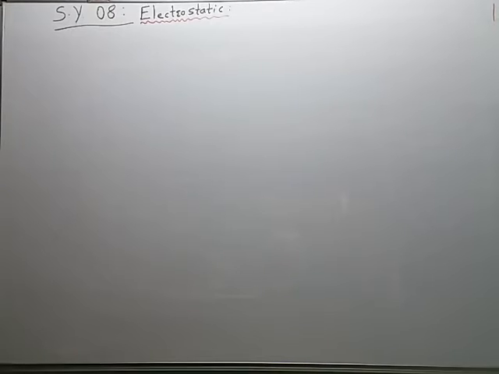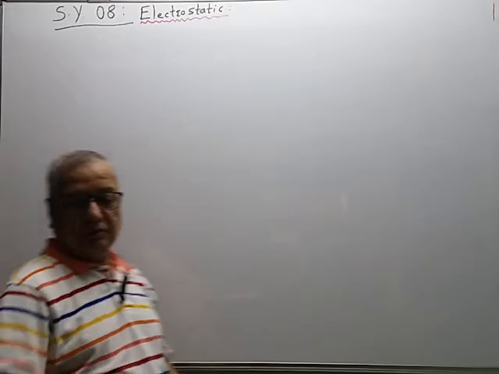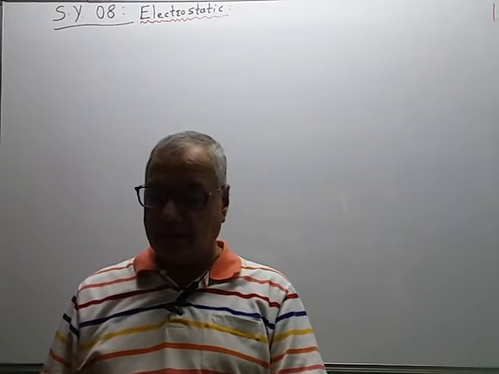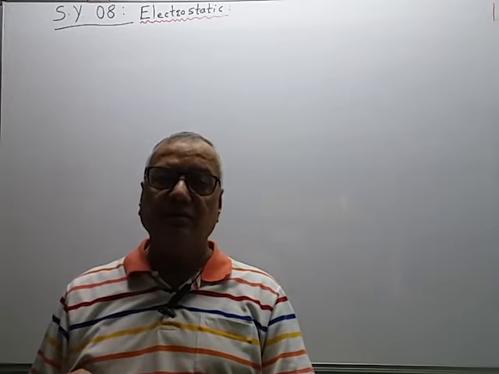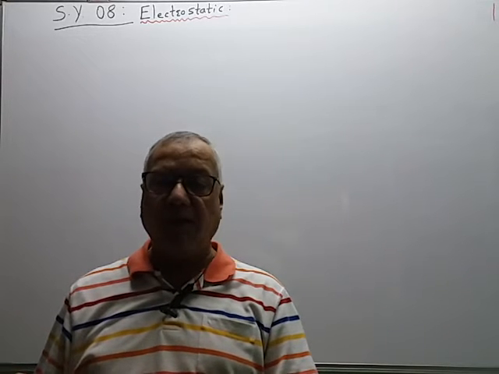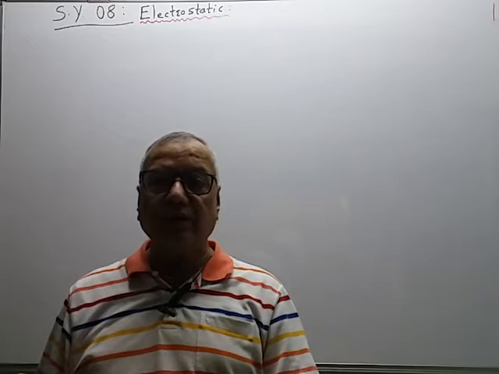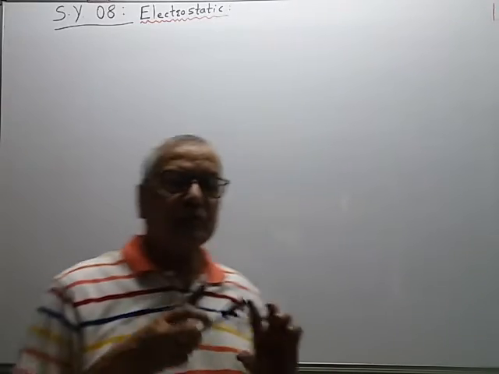Now let us start the syllabus of this chapter. So, electrostatic. In the name of the chapter there is the word static. Static means stationary, at rest. So we know this meaning already. There are two types of electricity.